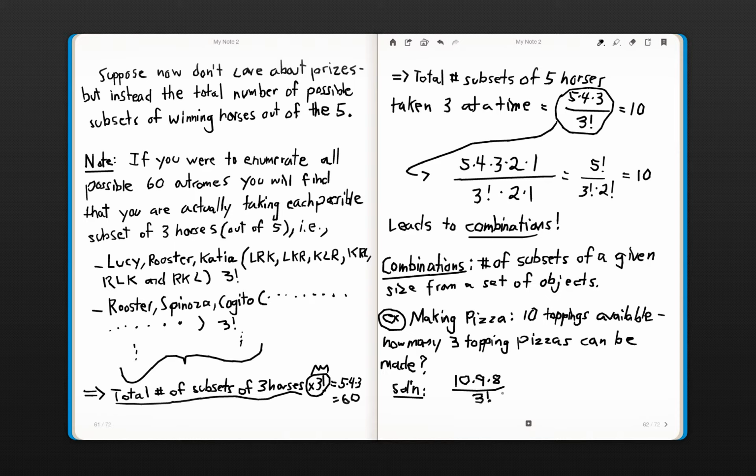And so that's actually our answer right there, whatever that turns out to be. So again, just to make this look a little cleaner and to look more like the formulas that you might see in the book, you can write this as 10 factorial divided by 3 factorial times 7 factorial. And that's the combination. So that's taking 10 toppings available and counting the number of 3 topping pizzas that can be made.